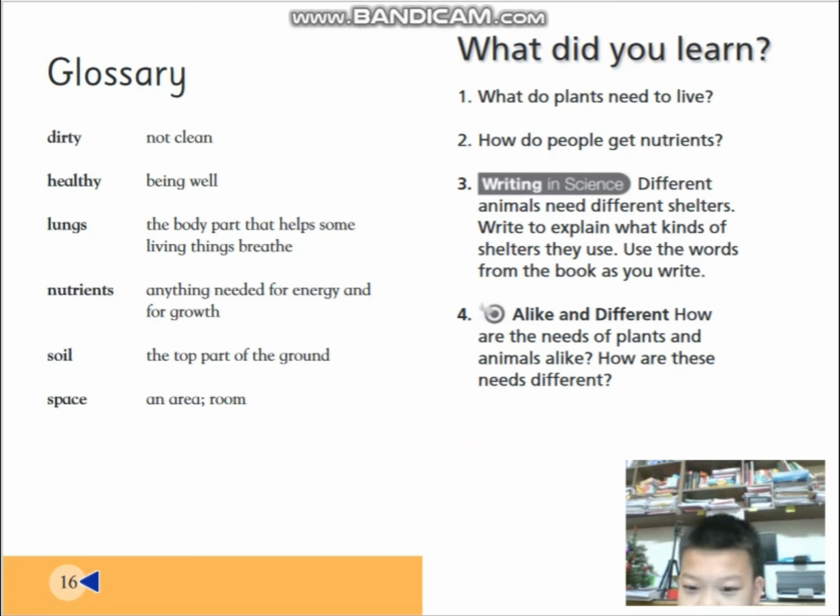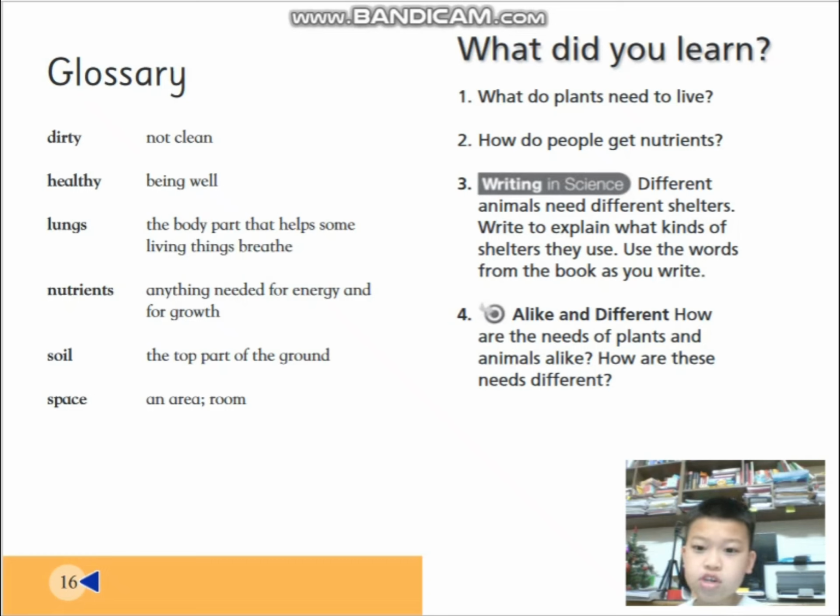So the final question, alike and different. How are the needs of plants and animals alike? How are these needs different? Well, they are alike because they need air and water.